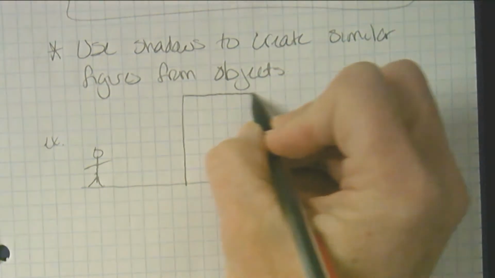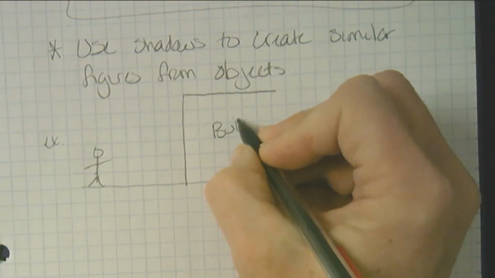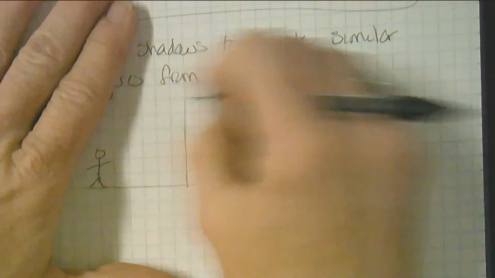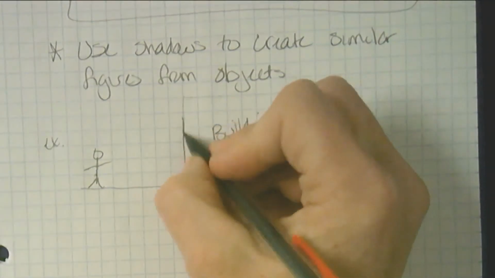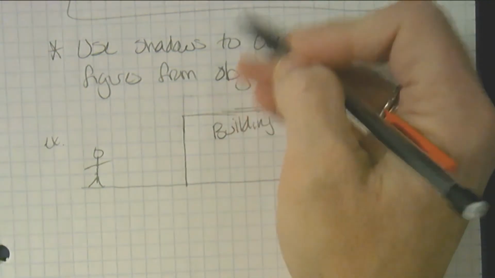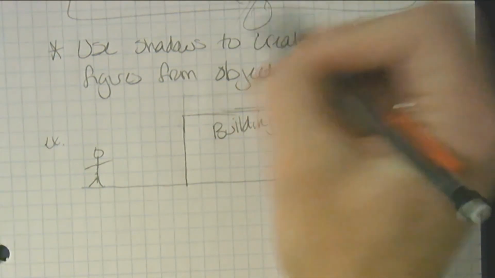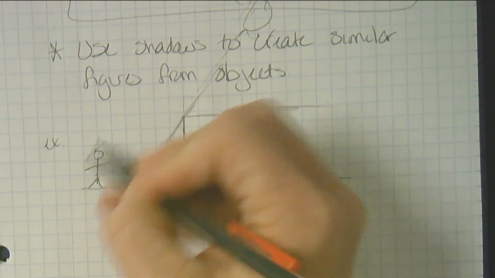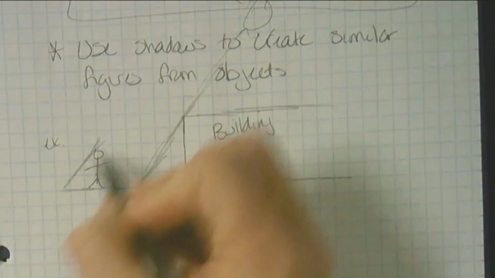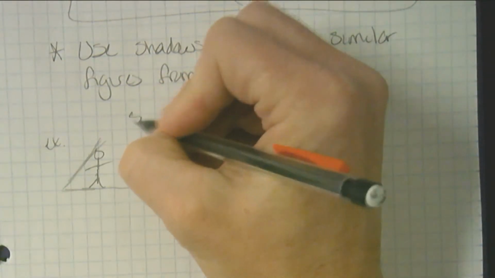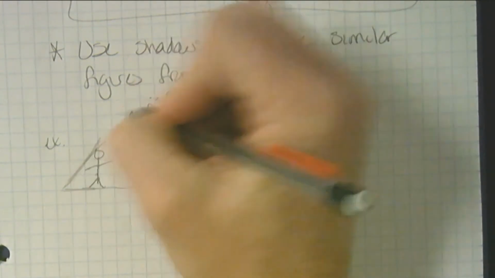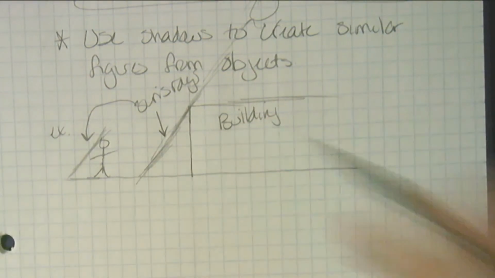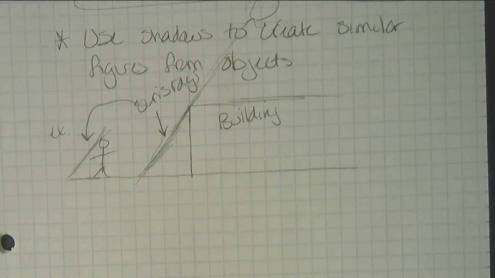We have this building. I'm going to make the building a little bit shorter, just so this shadow works. I have the sun shining down on both of them at the same angle. So these are the sun's rays, like the sun's invisible rays coming down over your head, creating a shadow.